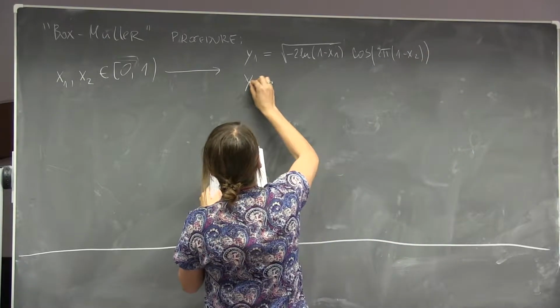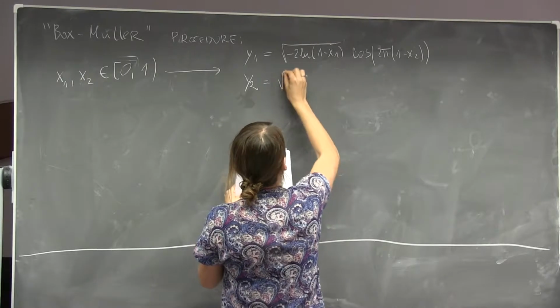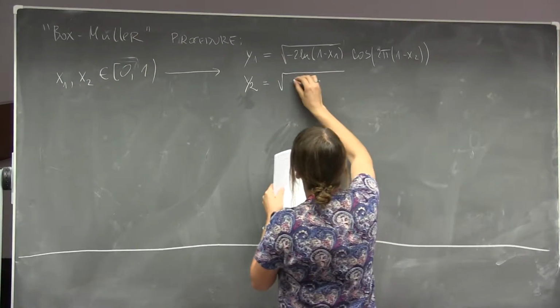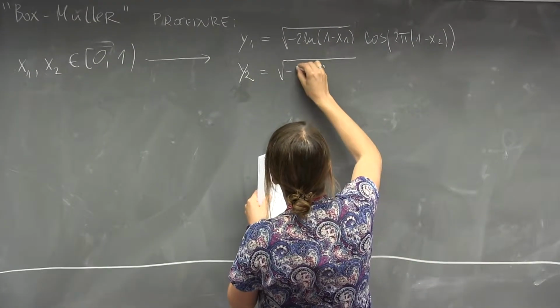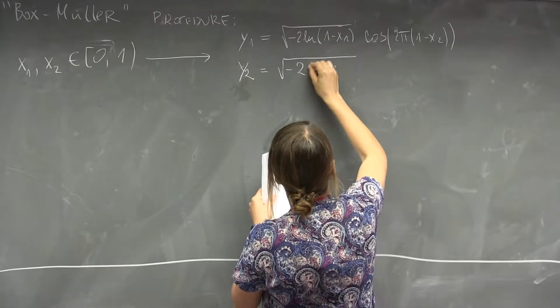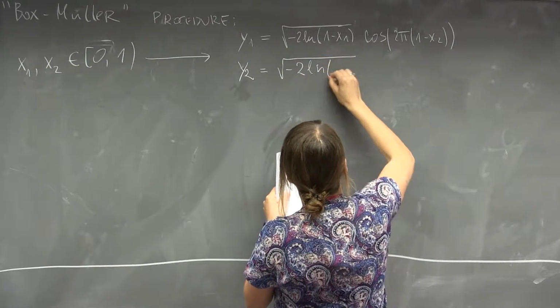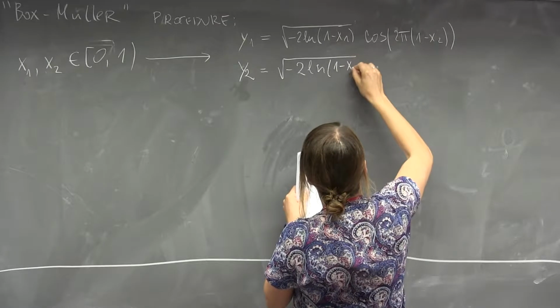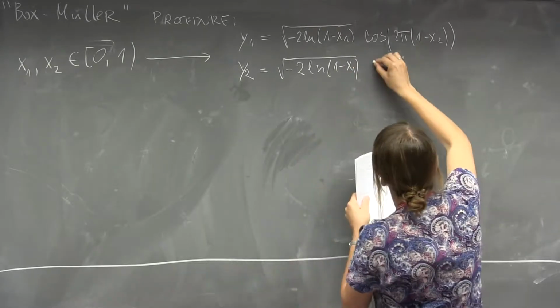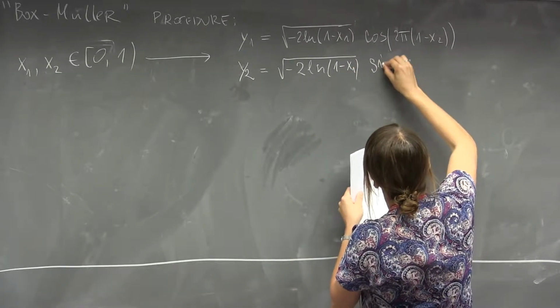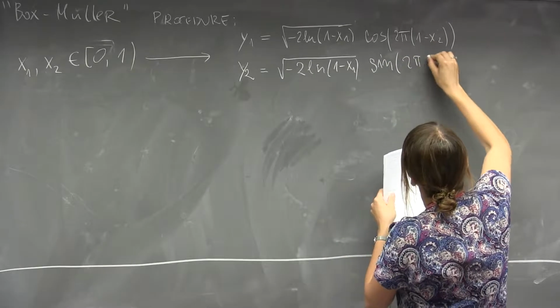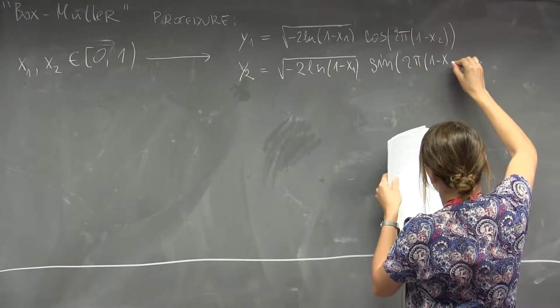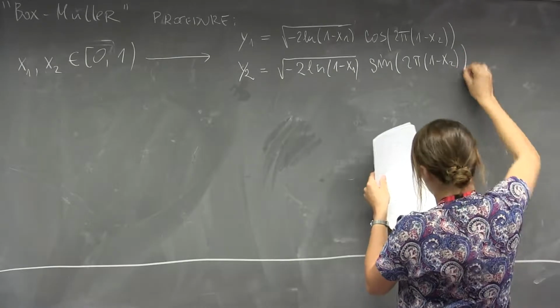And similarly, y2, which is the same as the above y1, but just has a sine here. So the normalization factor is the same, and then we have here sine of 2 pi (1 minus x2).